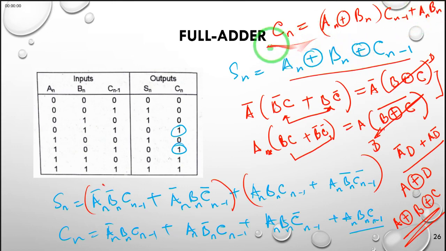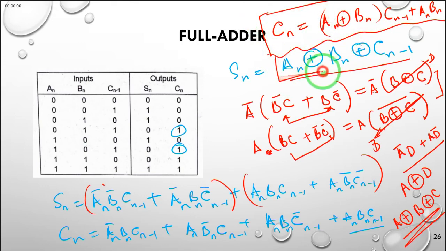Therefore, since we have been able to express our two outputs at the Boolean level, you can implement these two circuits at the gate level and demonstrate that an adder can be fully achieved using basic gates.